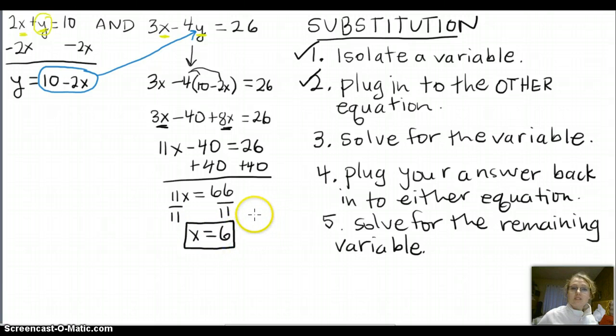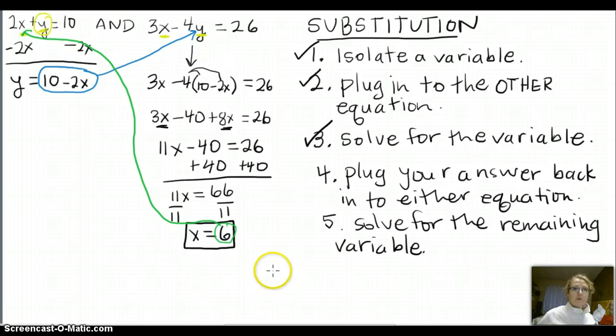The goal, of course, is to solve for x and y. We have x's answer, so we can check that. We solved for the variable. The fourth step says to plug our answer back into either equation. Okay, let's choose the first equation. We can use either one. It doesn't matter. So that means I'm going to take 6, and I'm going to plug it back in to this first equation.